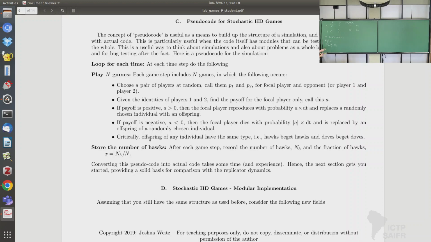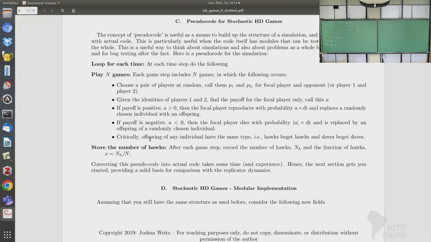So you're going to have to sample the focal player of this game, and the opponent, okay? So when you draw 2 hawks, a hawk against another hawk, that has probability X squared, and in that case, you're going to have a rate of PHH of some event happening, okay?